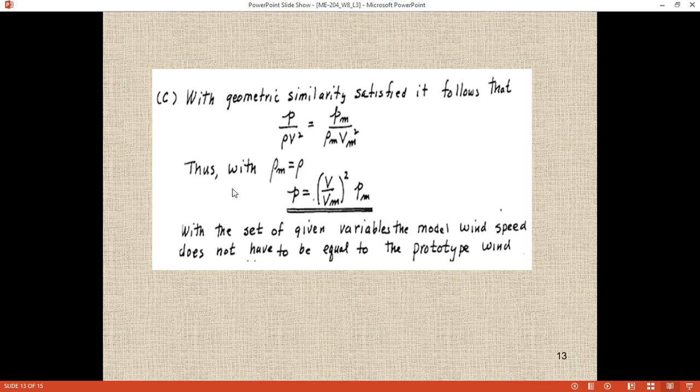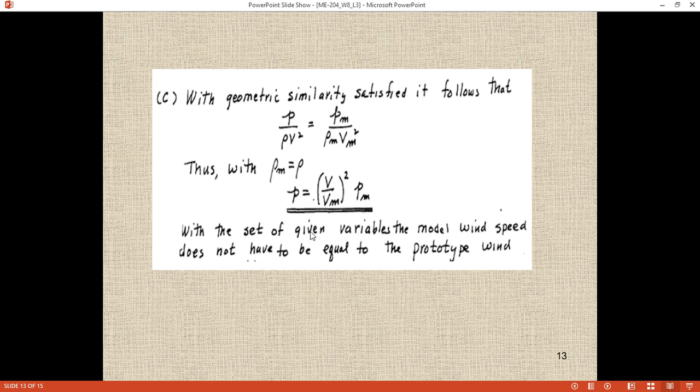Since the density of the air is the same, we cancel this term. Finally, P, the pressure drop on the building, is a function of the pressure on the model with the product of the velocity ratio squared. This is the relationship between the prototype and model pressure drop.